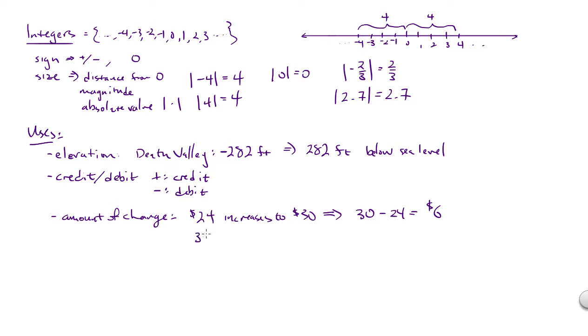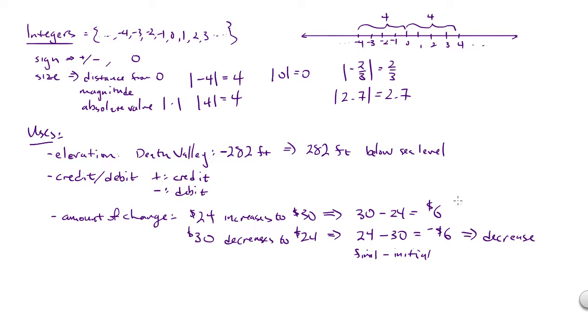If we went the other way, $30 decreases to $24. Now the absolute value of the change is still $6, but if we do it in the right order, 24 minus 30, our final value minus our initial value, then we'll be guaranteed to get the right sign, which will encode in itself that it's a decrease.